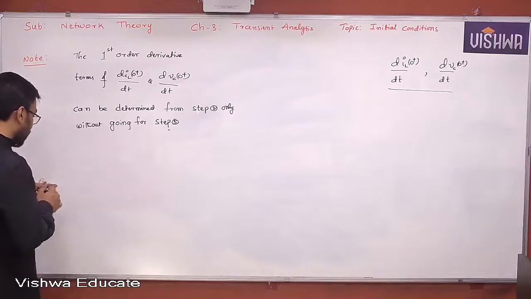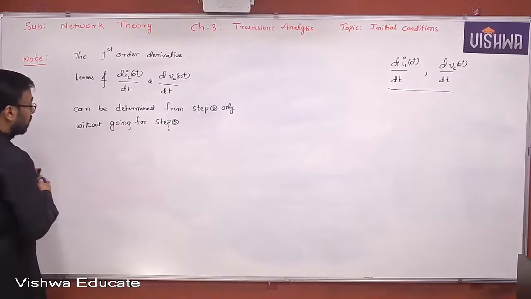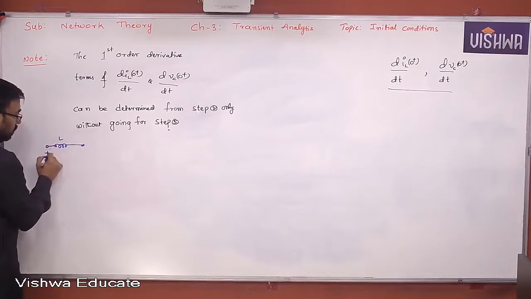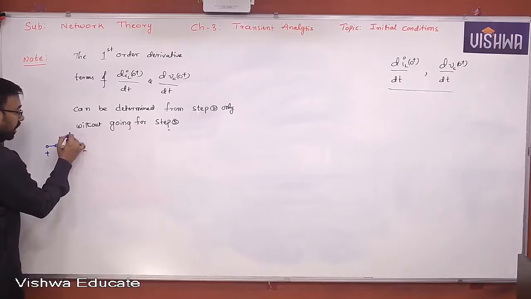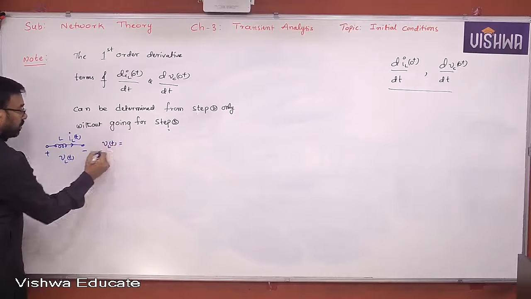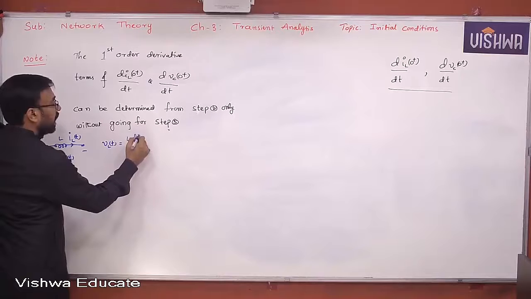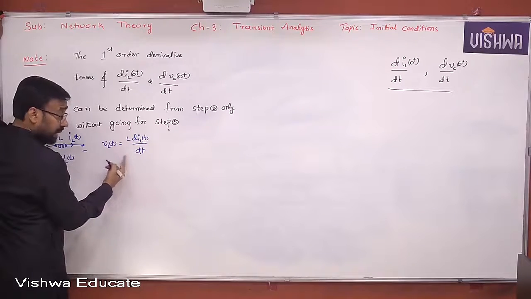Let us look at how. Let me justify it, because I gave a statement, I need to justify it. So you know that in case of inductor L, VL of t, this is IL of t. We know that VL of t is equal to L dIL of t by dt. So is it not a differential equation? Yes, definitely.